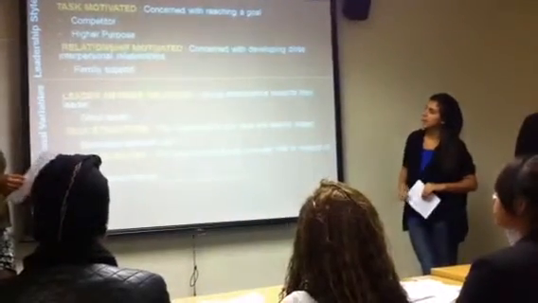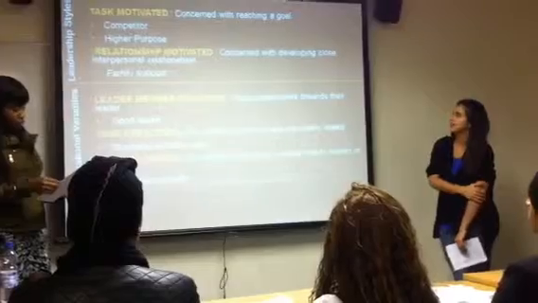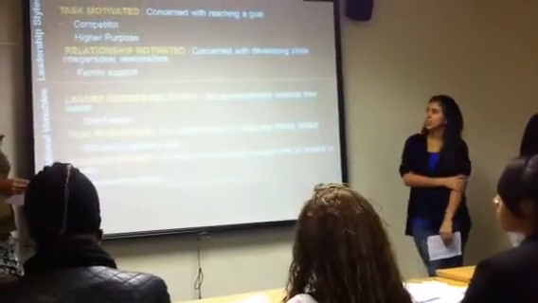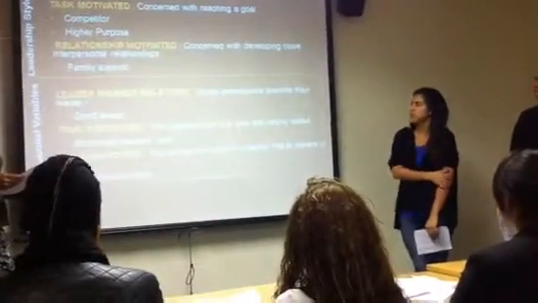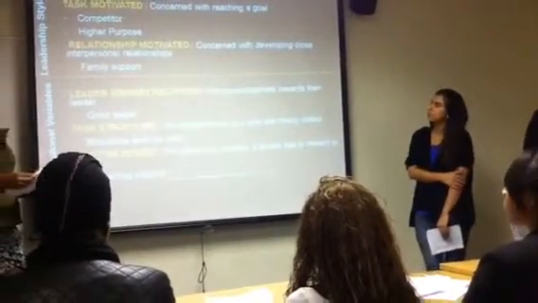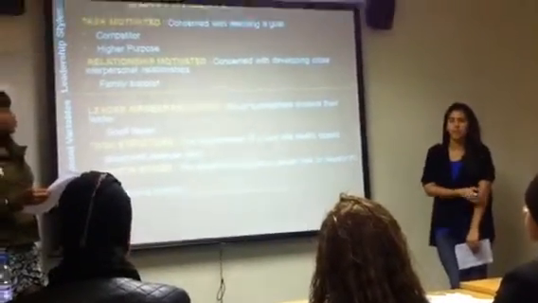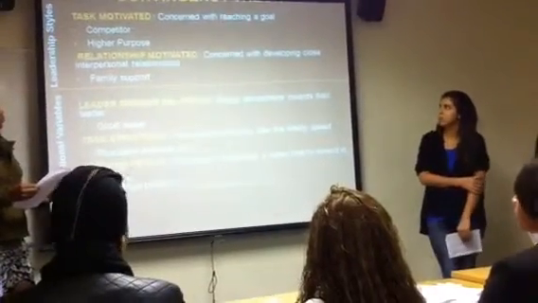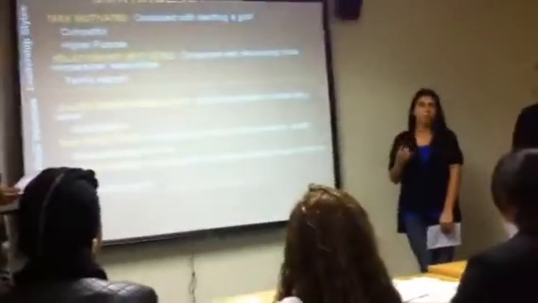The leadership styles we have are task motivated and relationship motivated. Task means she's concerned with reaching a goal, and she's very competitive. Even when she plays, you can see that she's very competitive, and she has a higher purpose in life. She said, I don't just play to win my Olympic medals, but also I'm doing this for my country, and that gives her a goal.